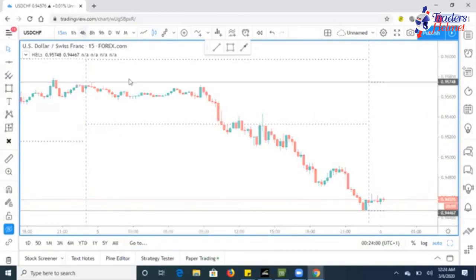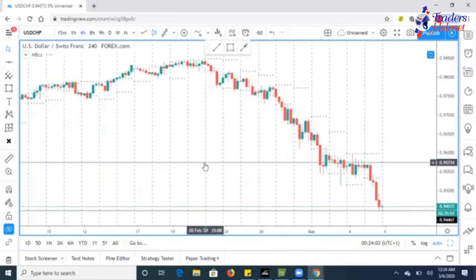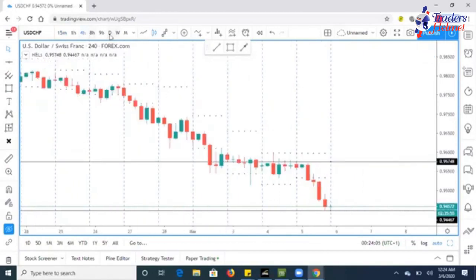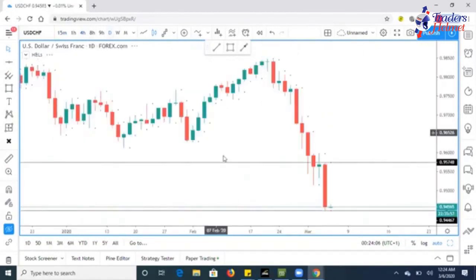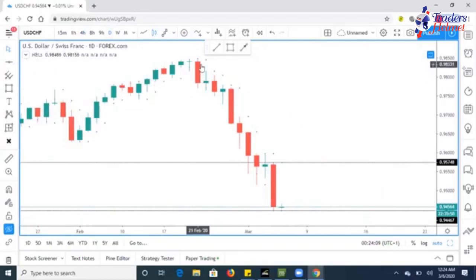Remember, this is in agreement with what we saw on the daily time frame, that when price is coming down, it doesn't just continue to come down straight like that. Several times it trades back up, which we call a retracement, takes out the low of the previous day and then drops.